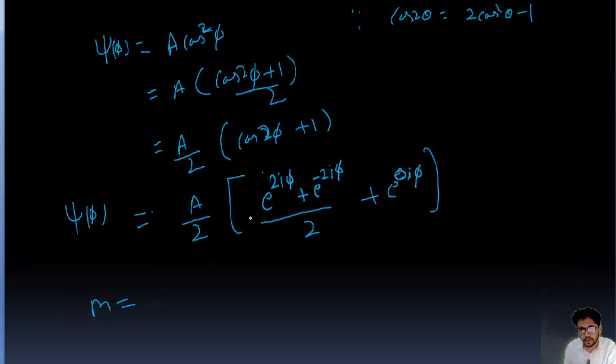Those are the coefficients of i phi. So these are 2, minus 2, and 0, right? This is how you can solve this question easily.